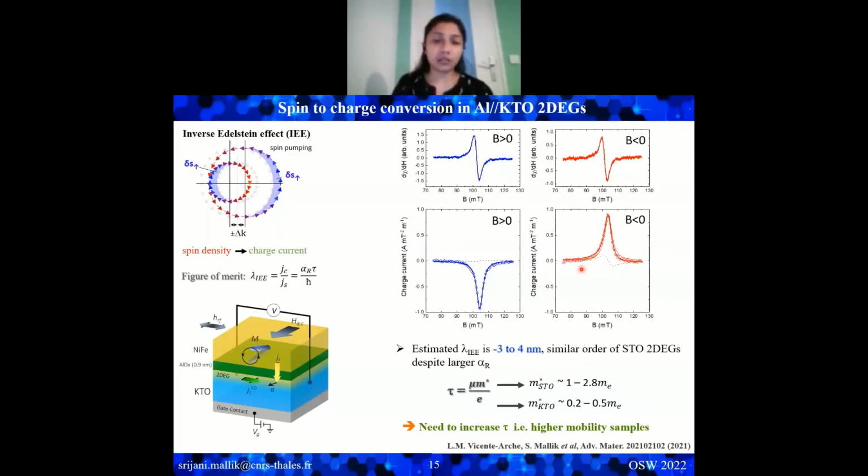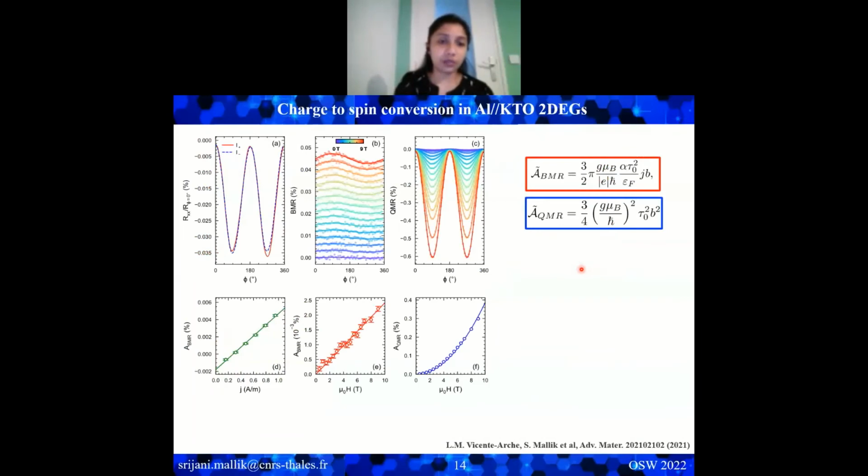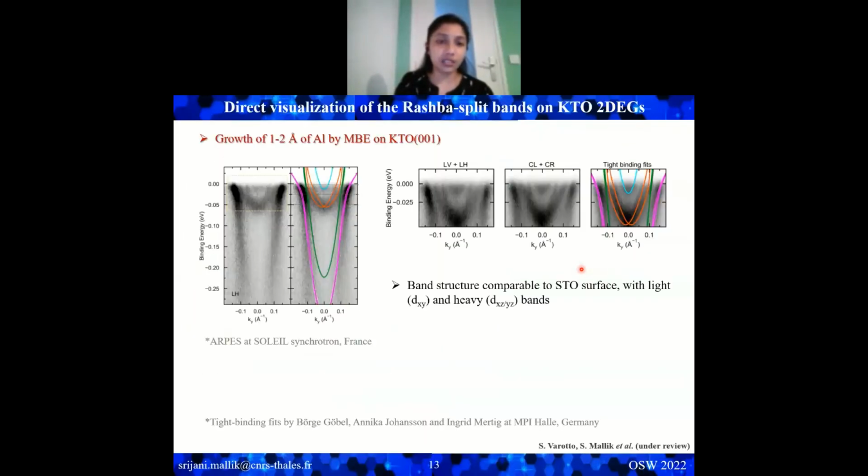Maybe I will go to the band structure, because I did not show the band structure of STO here. But let's consider the band structure of KTO, which is more or less similar to STO. Depending on which bands you are probing, the Rashba coefficient can change sign. So depending on the sign of the Rashba coefficient, the spin to charge conversion sign also varies.